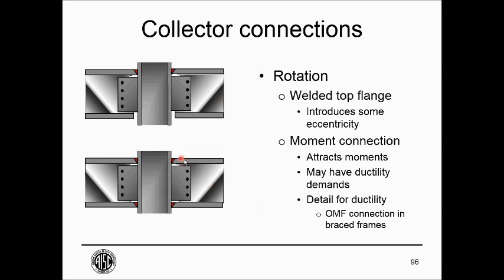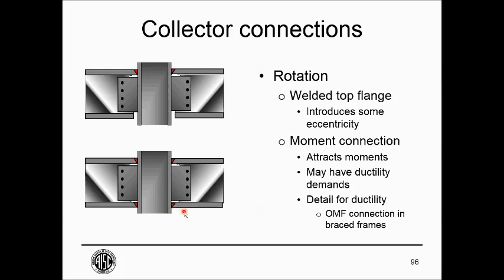And you can also graduate, either directly or from the welded top flange, to the moment connection, welded top and bottom flanges. This will obviously attract some moments. So if you're putting this as a collector in a moment frame, this really should be designed as a moment connection consistent with the design of that moment frame. So I would not put a non-ductile moment connection in with a ductile special moment frame, or at least I would make sure that there was sufficient ductility even if I had 2 different connection types.